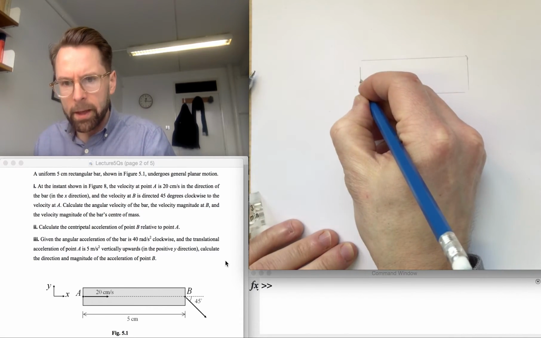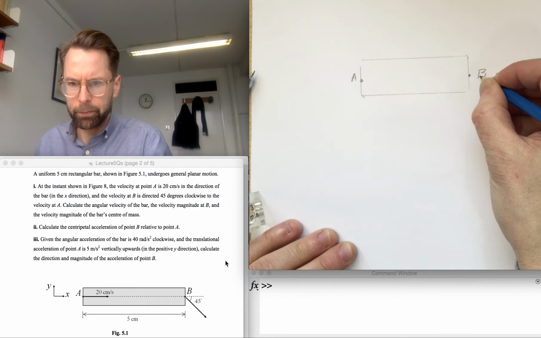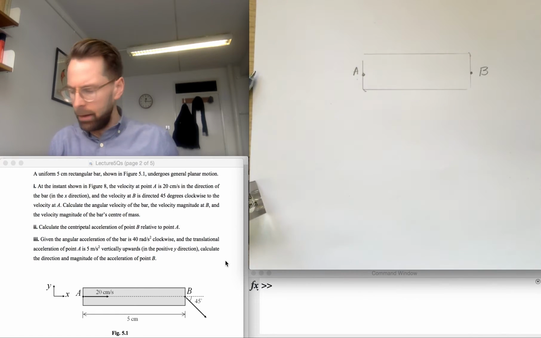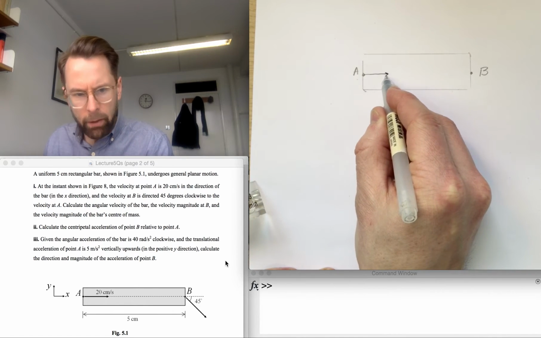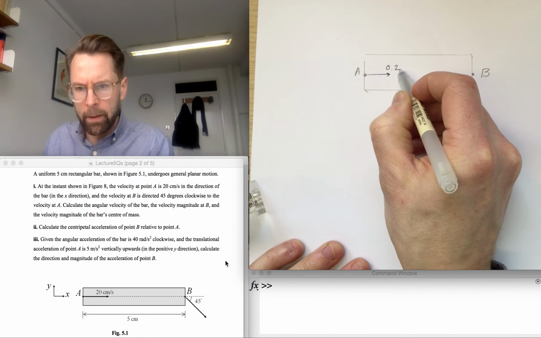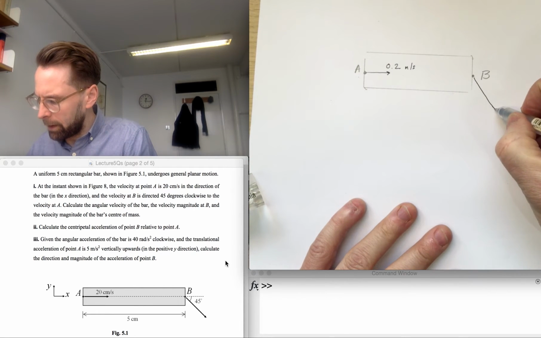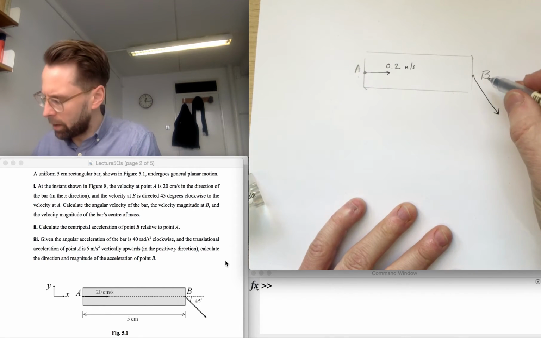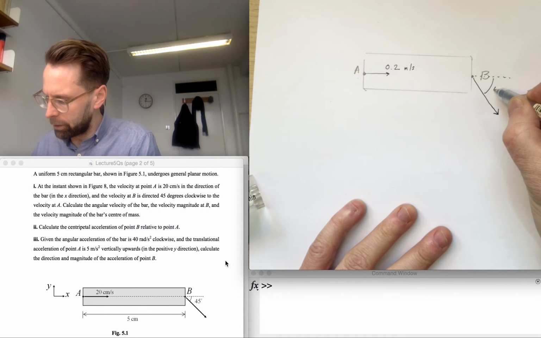And that's our point A, and that's our point B. And it tells us that this velocity is 20 centimeters per second, and this velocity down here is at an angle to the horizontal of 45 degrees.